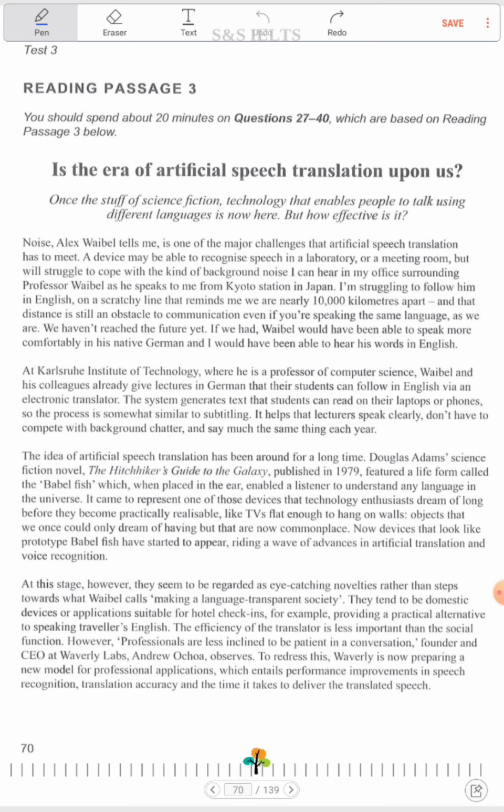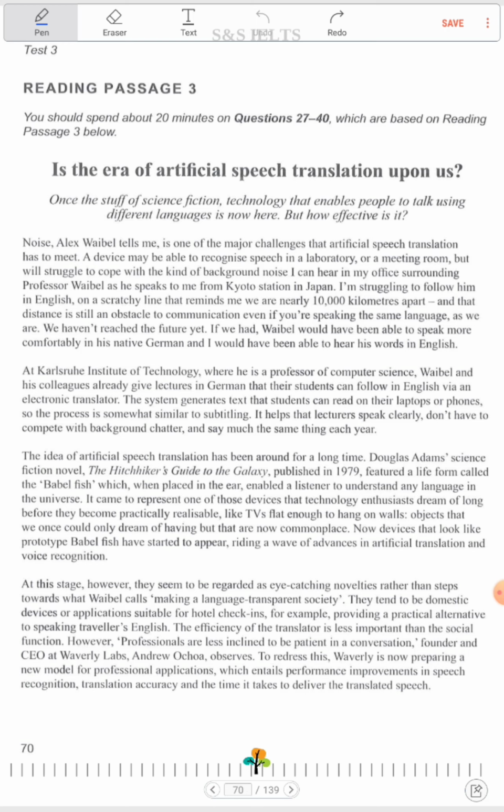And the text also mentions that the Babelfish, a device for instant language translation, was a representation of futuristic technology that was dreamt of long before becoming practically achievable, which indicates that the concept of artificial speech translation was not a surprising or new development, but rather a long anticipated advancement in technology. So the answer is C.